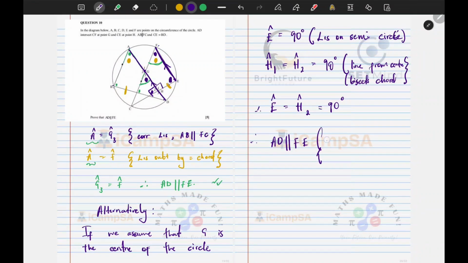Why? Because of corresponding angles: E2 is equal to H2, which equals 90 degrees.